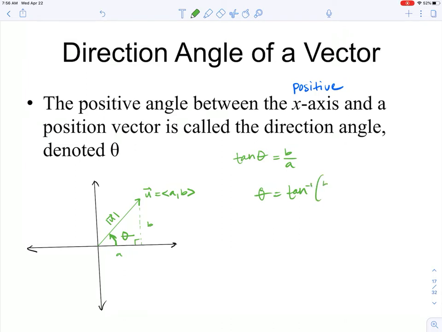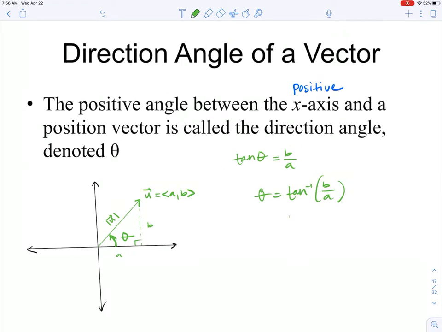So if you're trying to find the direction angle, you could use theta equals inverse tan of b over a. But you need to remember that the range of inverse tangent is between negative pi over 2 and pi over 2.